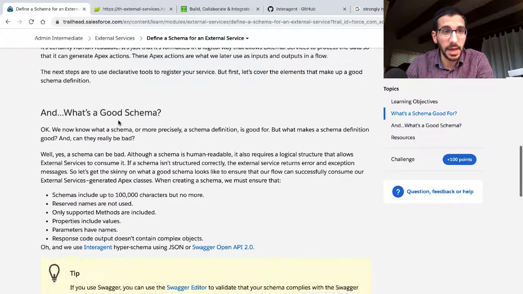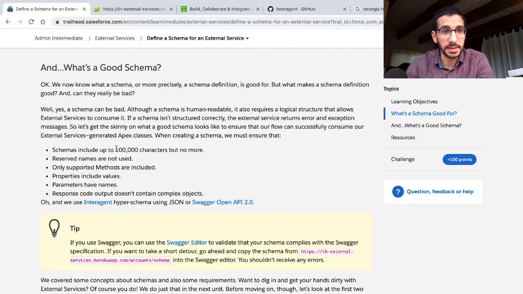Okay, so a good schema is less than 100,000 characters. I don't know what reserved names means. Supported methods are included. It doesn't have anything in there that you can't actually do, maybe with Apex. Maybe that's what that means. Properties include values.